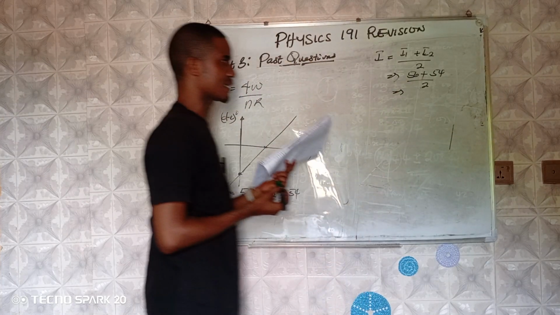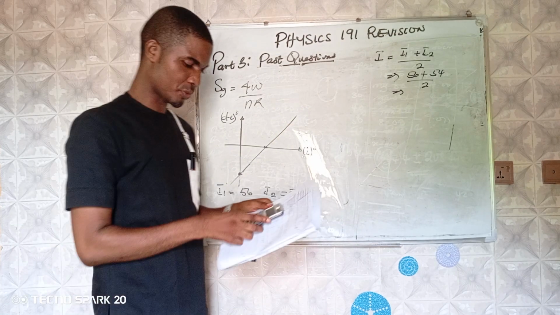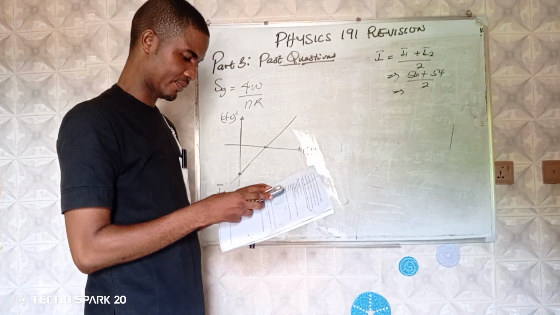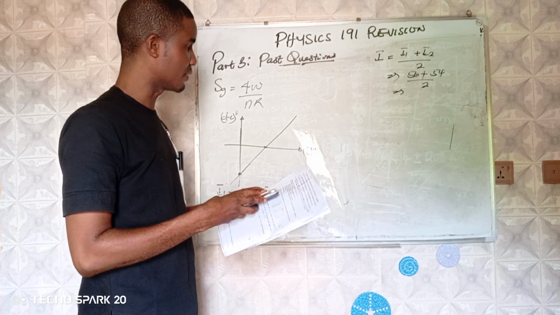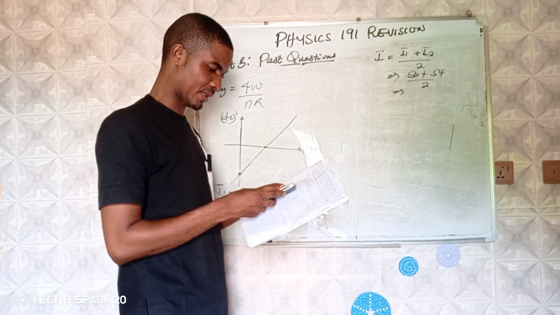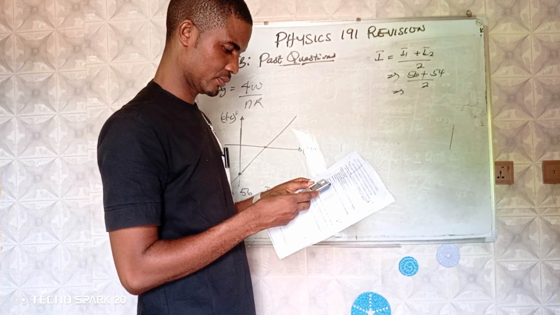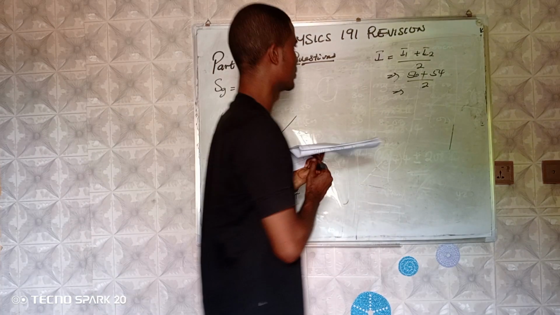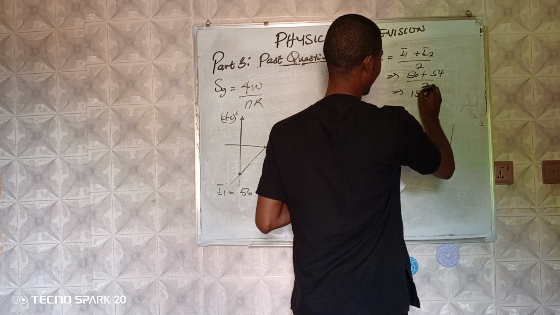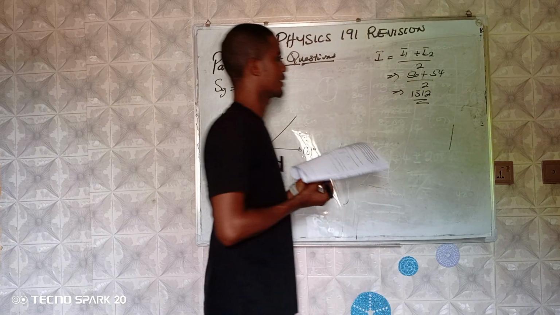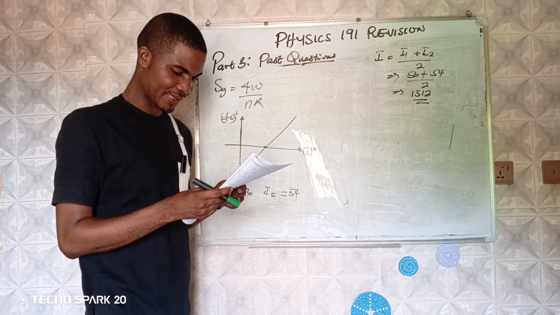And when you do this, you get a very beautiful answer: 56 plus 54 divided by 2, 1512. Okay, and that is the value of big I there.